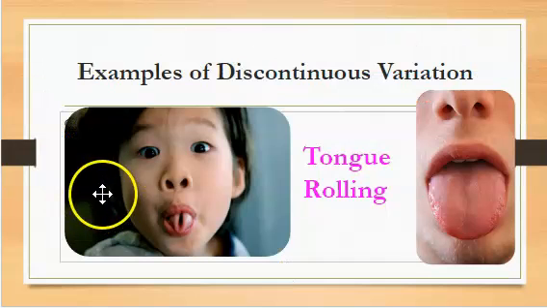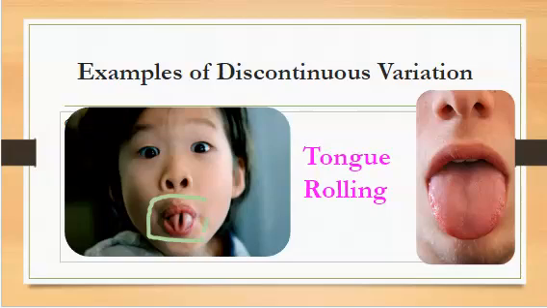Moving on to examples of variations. Oh, look at this beautiful baby right here. Who can tell this trait? It's obvious. He is a tongue roller, and this guy over here is not a tongue roller. There's nothing wrong with not being a tongue roller or being a tongue roller.